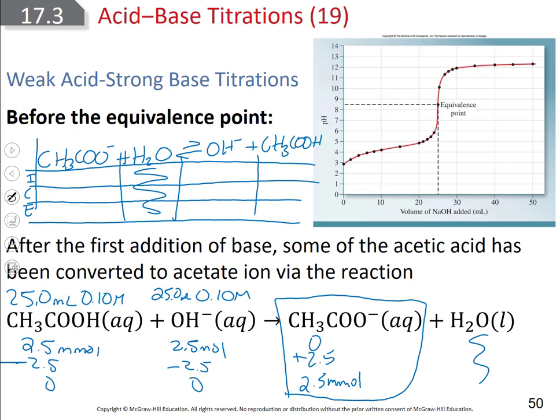No, you're not sure. What do we know about the acetate ion? How much do we have of it? 2.5 millimoles. Good, we have 2.5 millimoles. That's not a molarity, but can we use that to find molarity? Yes, molarity is millimoles over what? Milliliters.